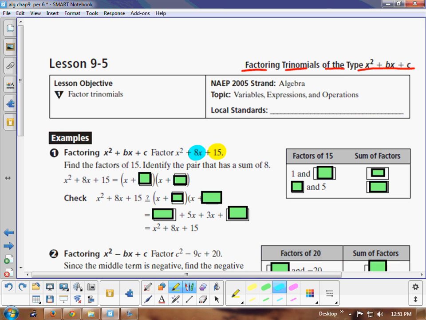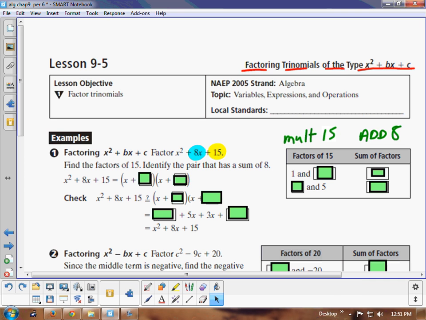So what does that mean? That's a little complicated. So what you do to attack these problems is take the last number and find the factors of it. So basically, what multiplies to equal 15 and at the same time adds to be 8.